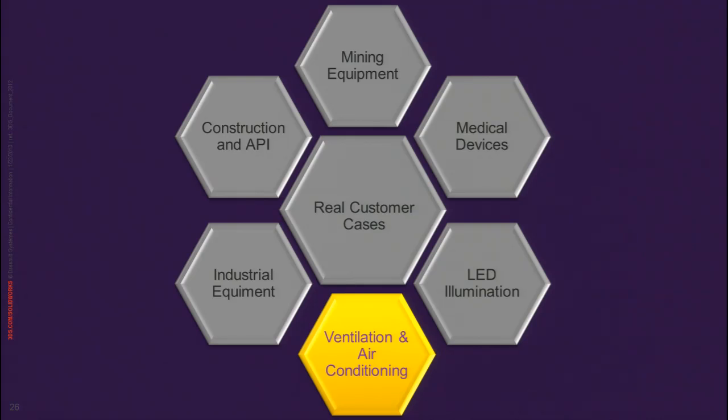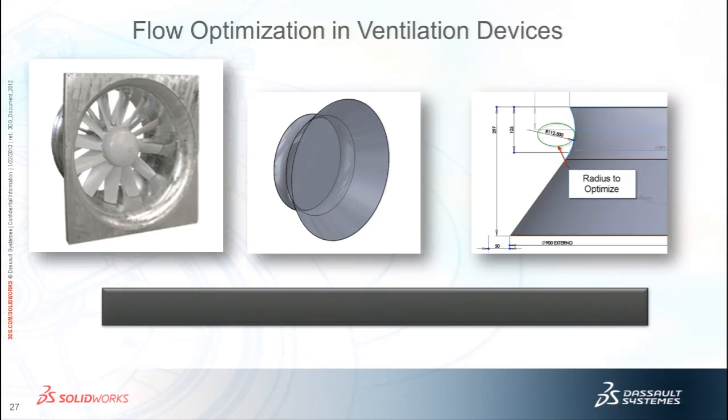I think these cases come from three countries, Mexico, Colombia, and Brazil. These customers in Brazil produce this kind of fans. They are 1.5, 2 meters in diameter, so they are very big, but they have a very specific problem.